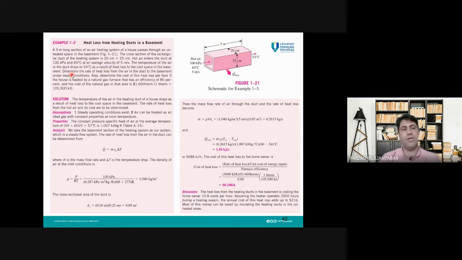Now we are going to determine the rate of heat loss from the air in the duct to the basement under a steady condition. This steady condition is also an important word. From this steady condition, we can understand that during this heat transfer process, the temperature here will remain 60 degrees Celsius, the temperature here remains 54 degrees Celsius, and the velocity doesn't change, it will remain 5 meters per second.